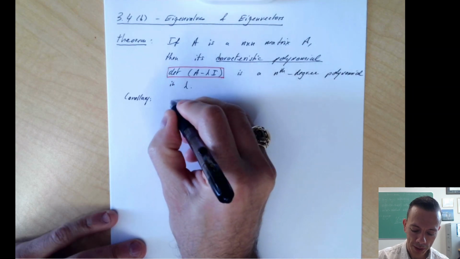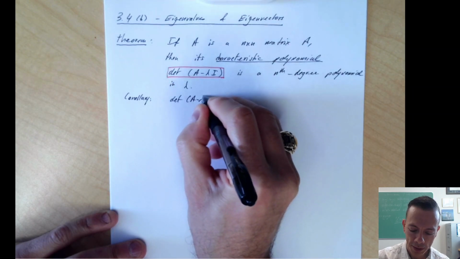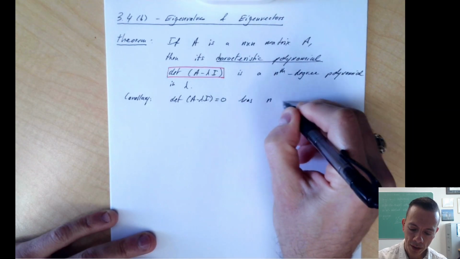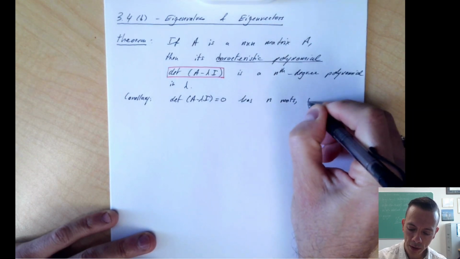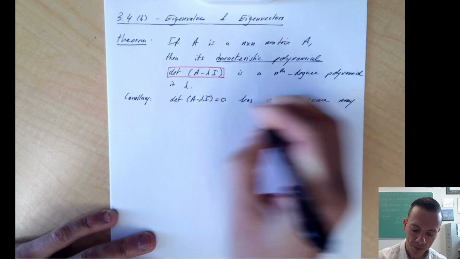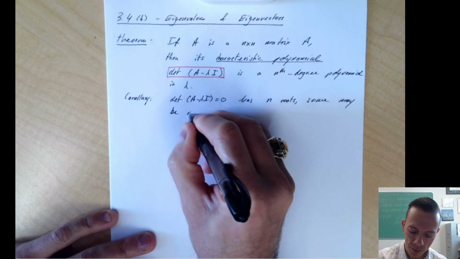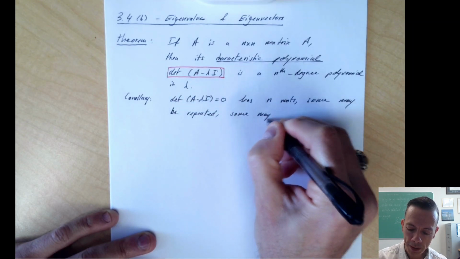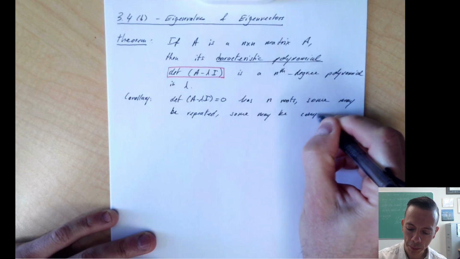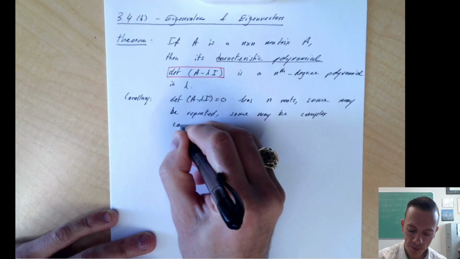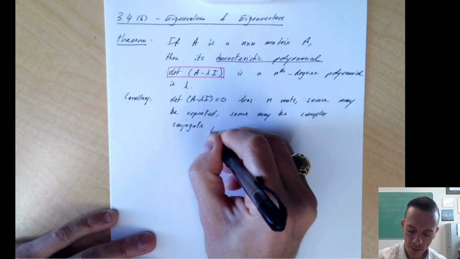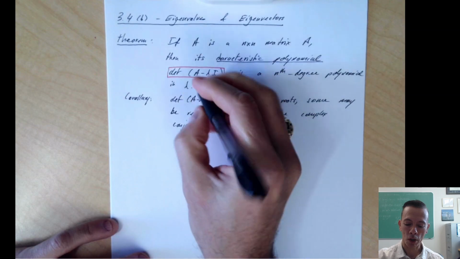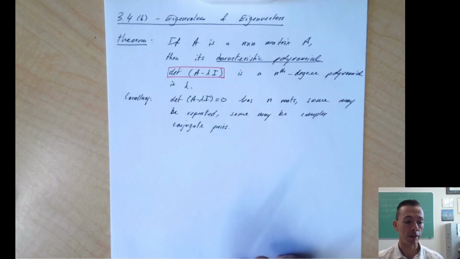So this is a corollary, is that determinant of A minus lambda I equals 0 has n roots, some of them may be repeated and some may be complex conjugate pairs. So as you know, complex solutions of polynomial equations always come in complex conjugate pairs.